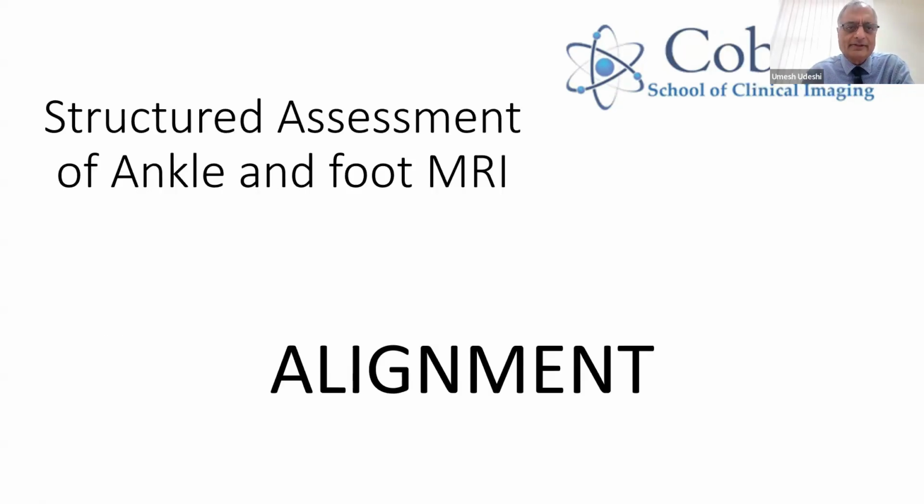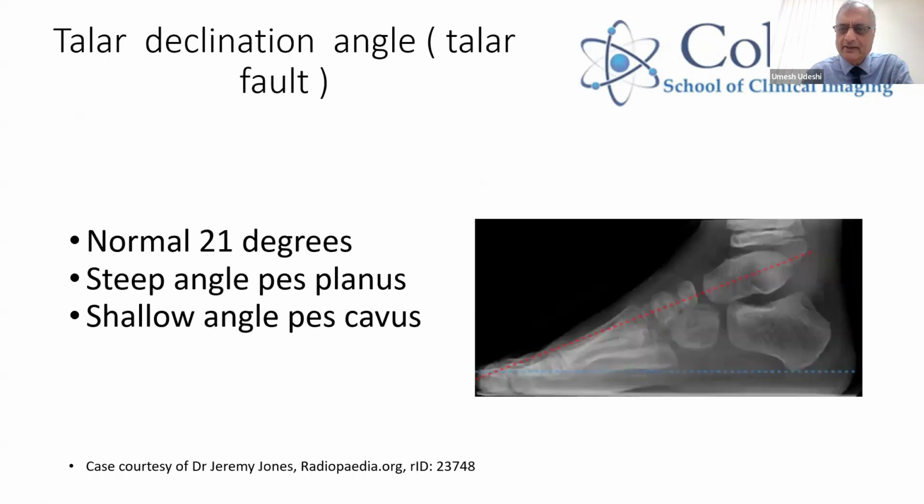Okay, looking at alignment. What do we mean by alignment? There's a few things we need to look at. First of all, whether we've got a flat foot or a pes cavus.